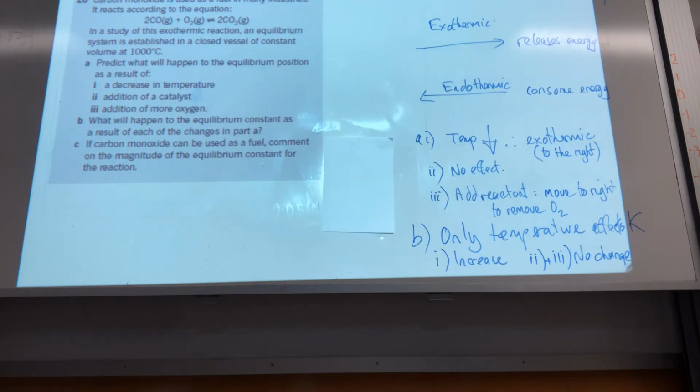Okay, part C. If carbon monoxide is any use as a fuel, that means when you react it, you're going to be getting a lot of energy produced. That means all the carbon monoxide, or a huge amount of the carbon monoxide, must react. Therefore, you must have a high equilibrium constant.